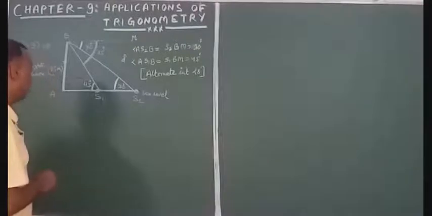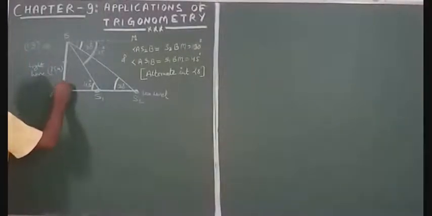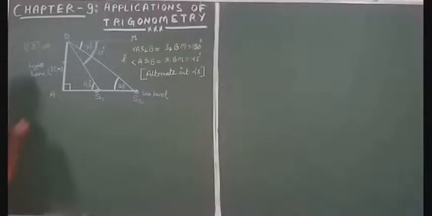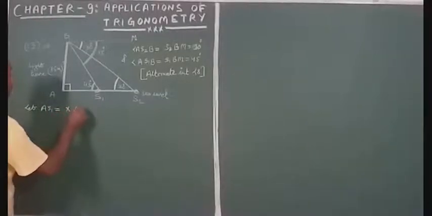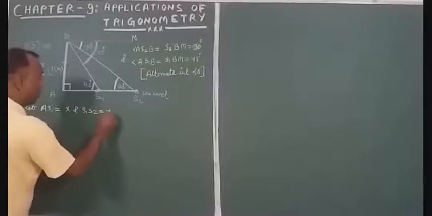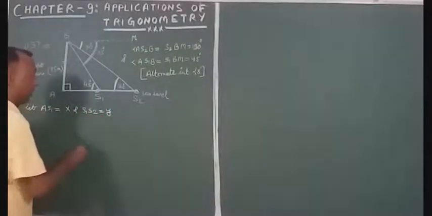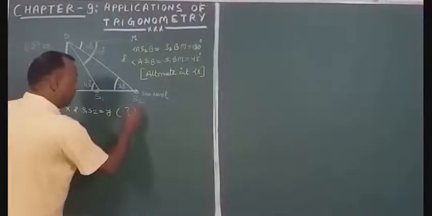So now just look. You have two triangles. Let AS1 is equal to X and S1S2 is equal to Y. And this Y we have to find.